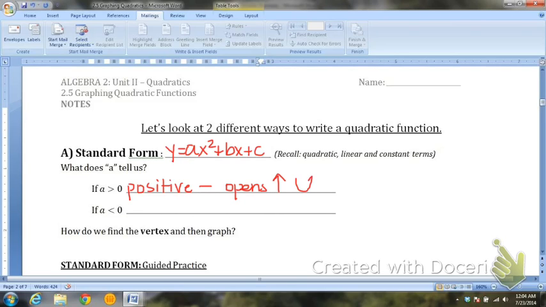So the parabola should look like this. And if the parabola looks like this, then that means I have a minimum.